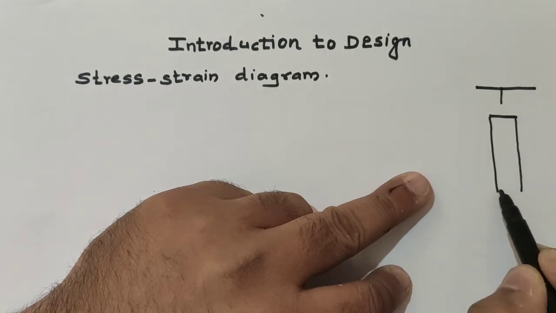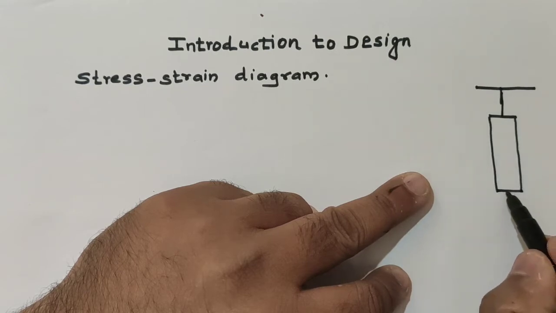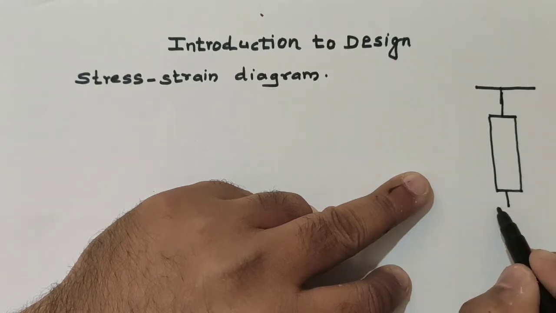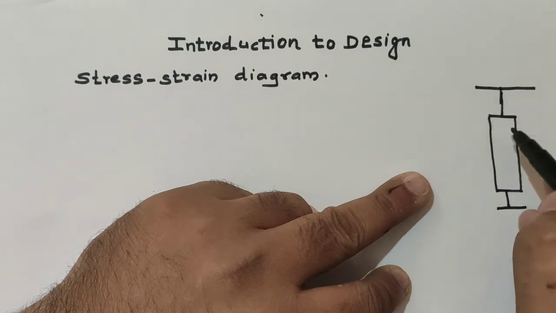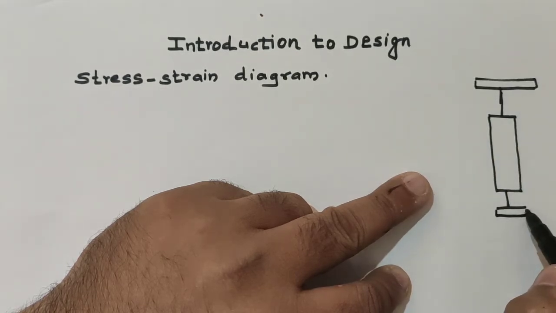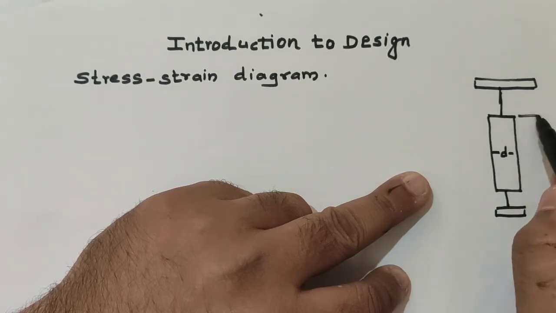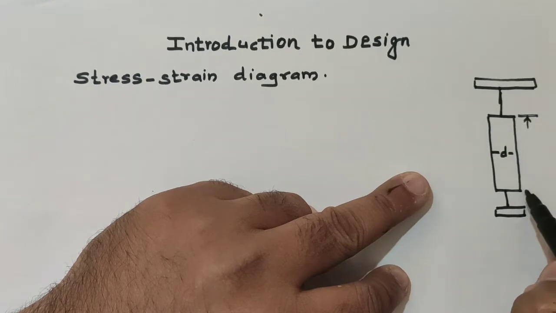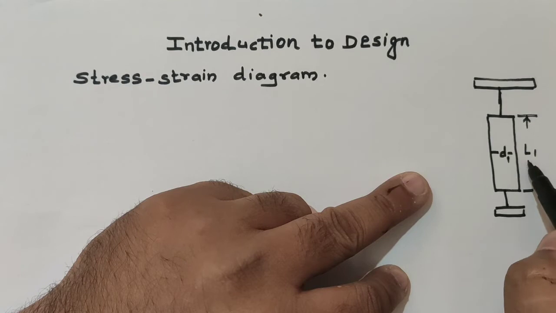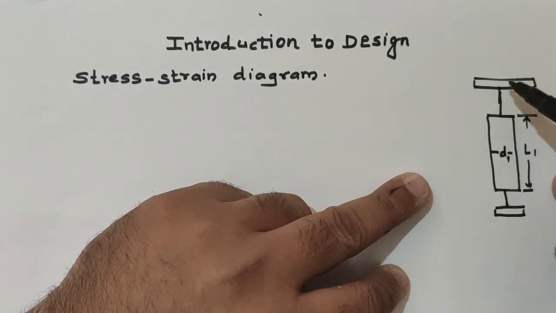This is the standard specimen and it is loaded under the machine, with initial diameter D1 and length L1 suppose. And we will conduct the tensile test on this specimen.